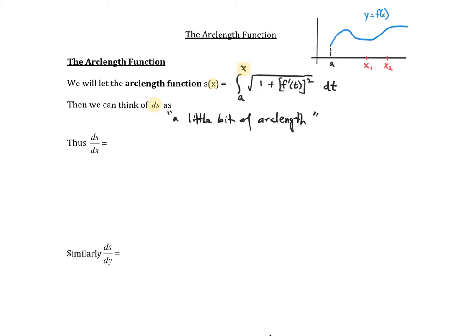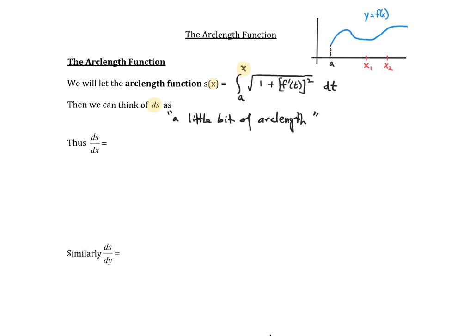Okay. So what do I mean by that? Well, what we can do is take the derivative of this arc length function. When we take the derivative of this arc length function with respect to x, we're going to get ds dx.